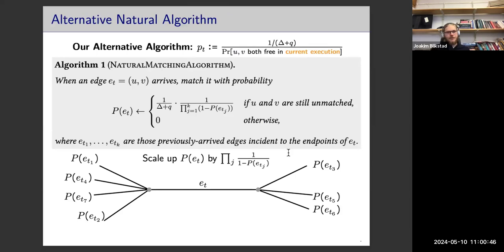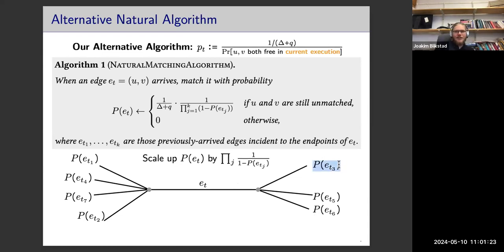Okay, so to try to formalize it a bit, this is the algorithm from our paper. Again, the probability we want to match an edge is 1 over delta plus Q, divided by the scaling factor, since all the neighboring edges will have some probability of being matched, and then we just scale it up by it. But here we use the actual scaling factors. These are edges which arrived earlier in the algorithm, so these themselves have been assigned this P of E_t value.